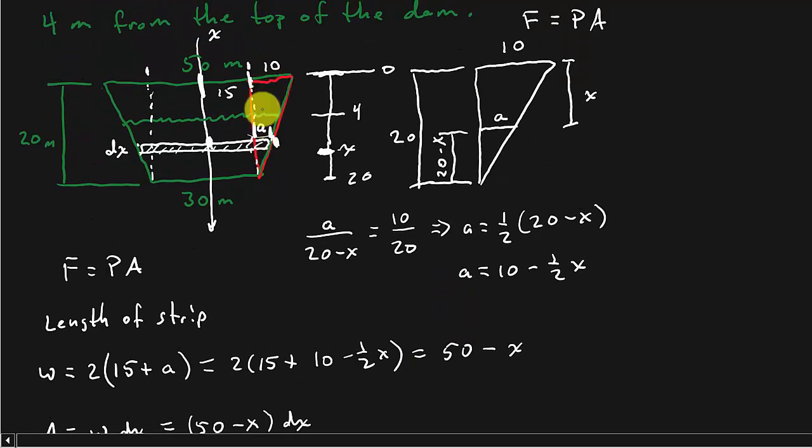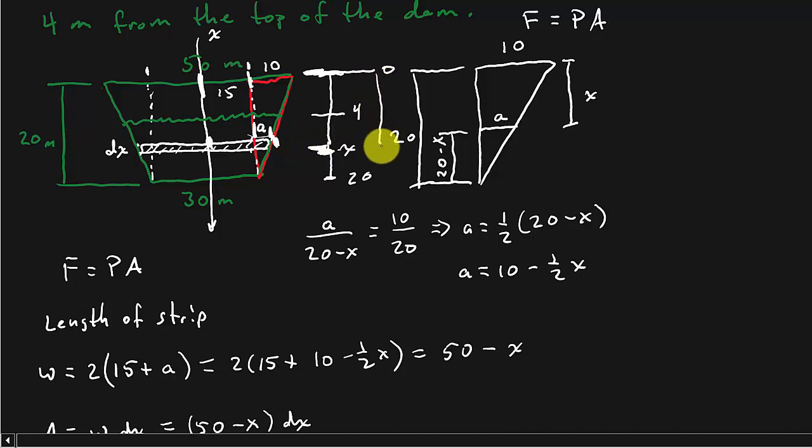Well, what's the distance to the strip? Well, the distance to this strip here. Now remember, they want to know the distance from the top of the water to the strip. Well, I know the distance from the top here to here is x.